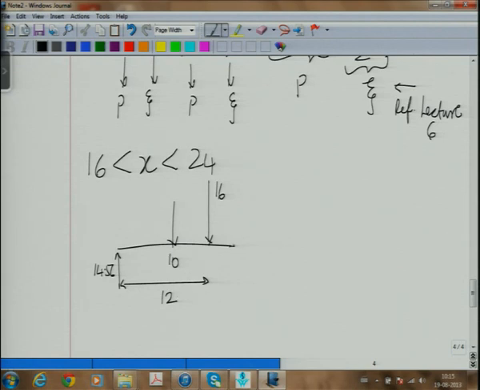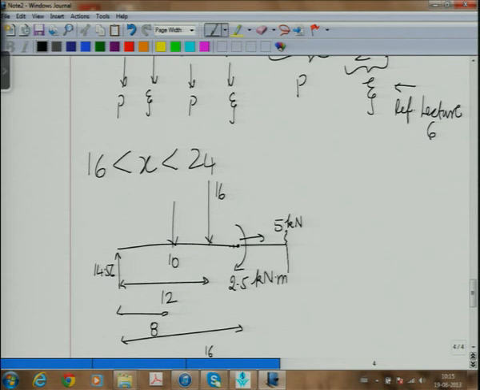So this is 8, that is 12, and at 16 there is an axial force of 5 kilonewtons and a clockwise moment equal to 2.5 kilonewton meters. Then we have this section, x minus 16, so this is our section x.